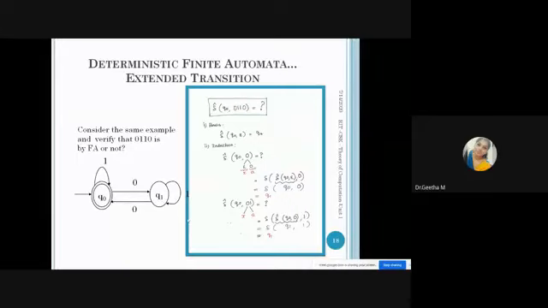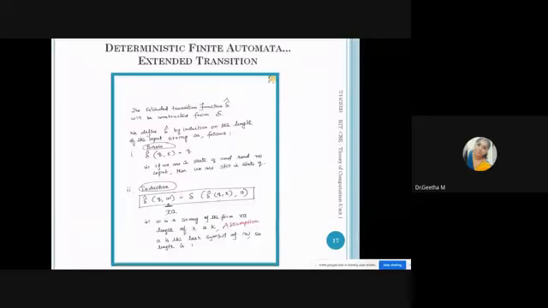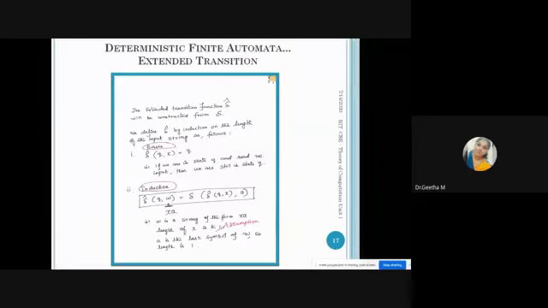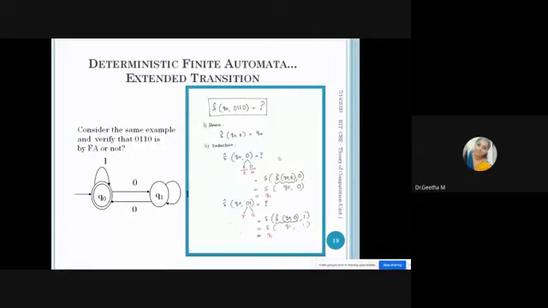First, we apply the basis step. The formula is δ cap of Q comma epsilon is Q. So now we apply it: δ cap of Q naught, the initial state, comma epsilon.